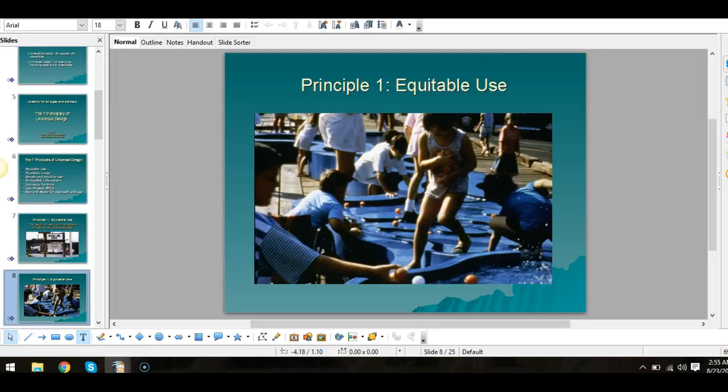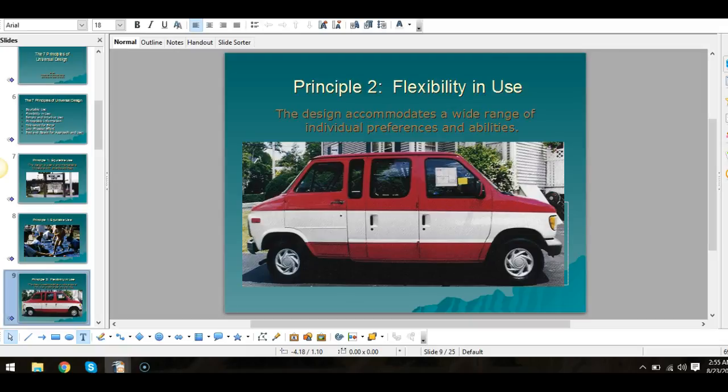Another picture portraying equitable use is a water world for kids and pretty much anyone, where there are a lot of children and adults playing with balls and water and different slides. Equitable in use means that pretty much everyone should be able to use it with any abilities, and there should be no barriers.